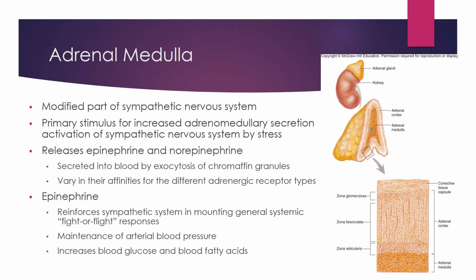Some other effects that both these hormones have are an increase in cardiac output, an increase in respiratory rate, and mental alertness. They help to dilate coronary blood vessels to get more oxygen for the heart, and also elevate the metabolic rate.